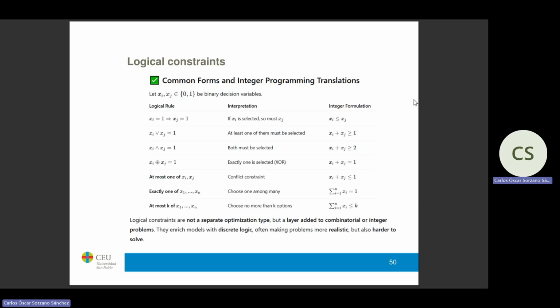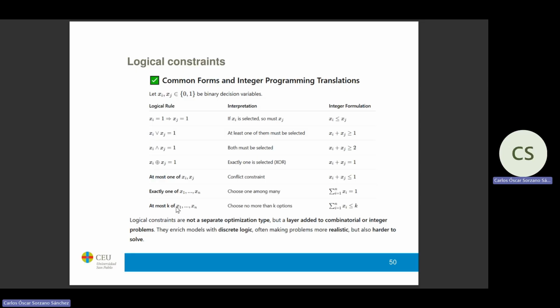So these 2 conditions are the same. Or xi or xj, one of the 2 is equal to 1. So you can say xi plus xj larger than 1. So here we have different ways of expressing those conditions and how I can formulate them in inequalities or equalities.